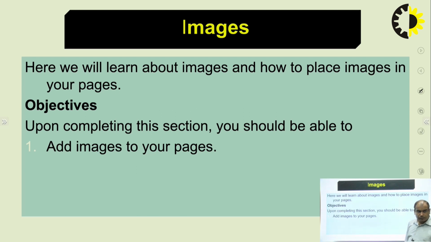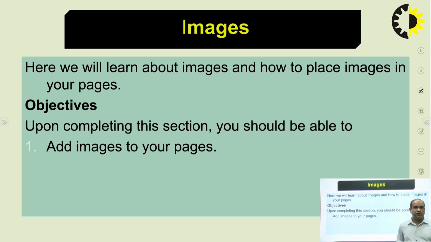Next we are talking about images. Here we learn about images, how to place an image in our pages. Adding an image to a page can be of two types: either it will be a background or it will be in the foreground. For the background, we use body background equal to the URL, and the image will be at the background of the page.